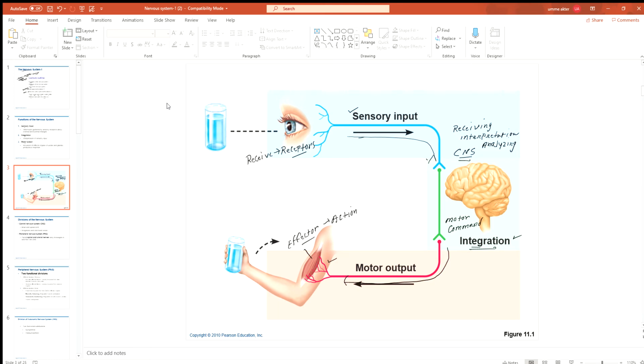So this is one example how the nervous system works, and the functions can be divided into three groups.